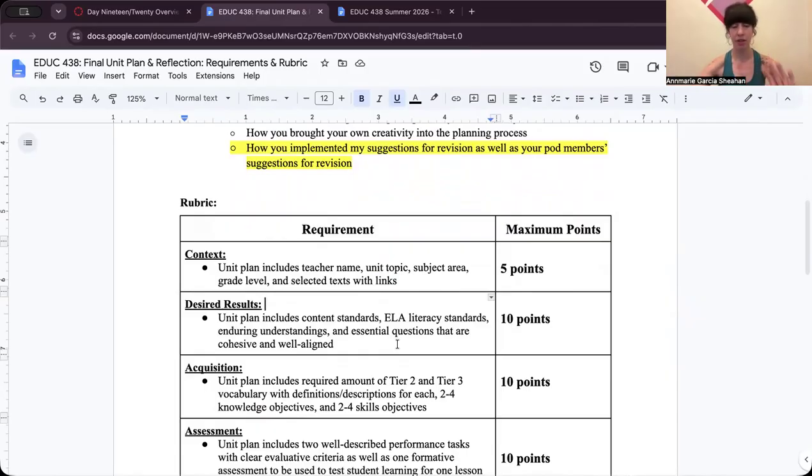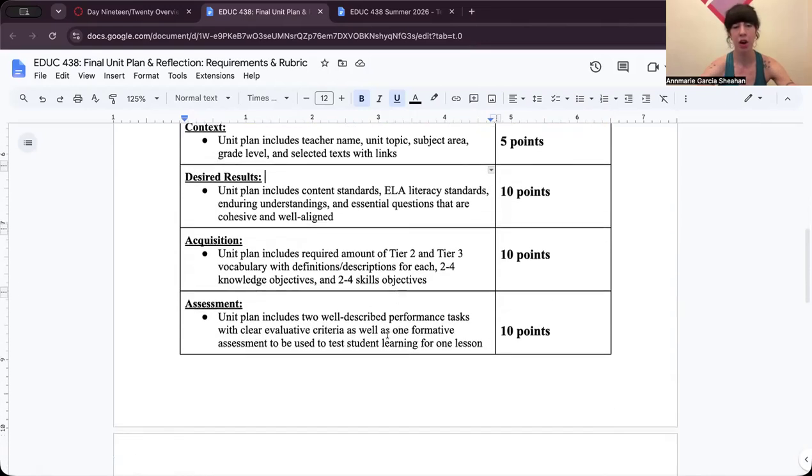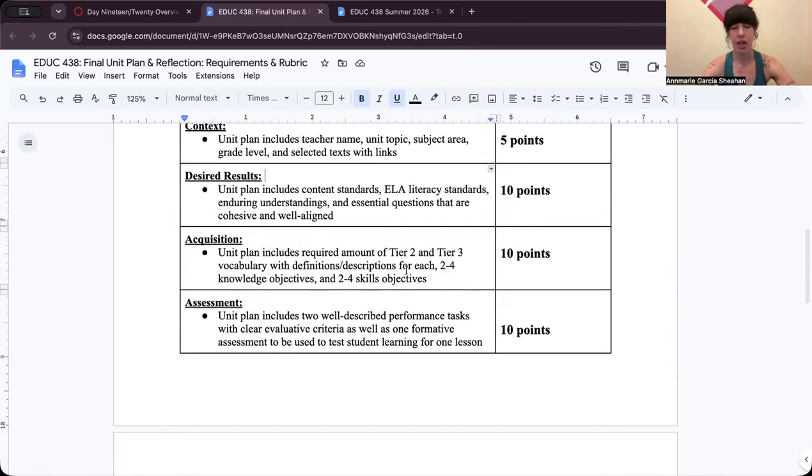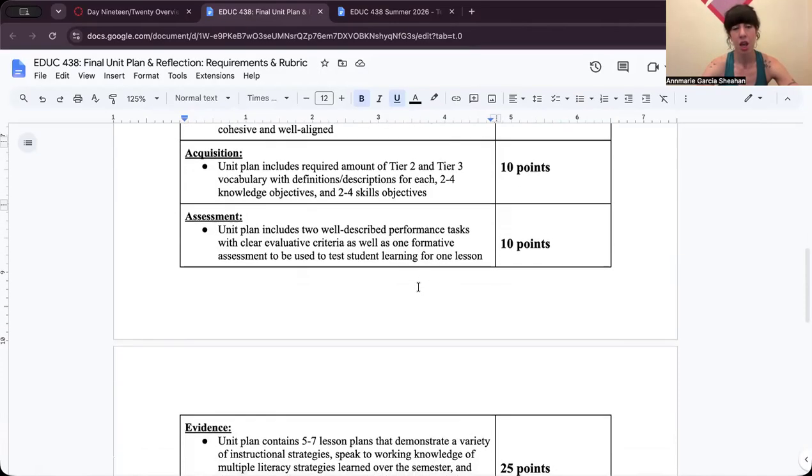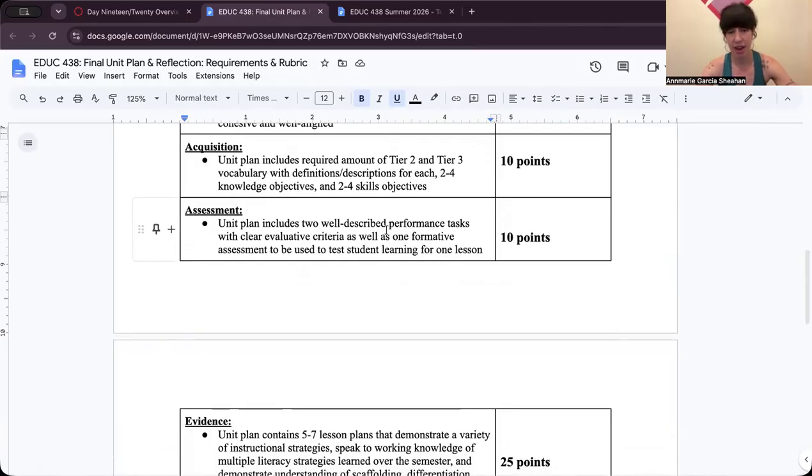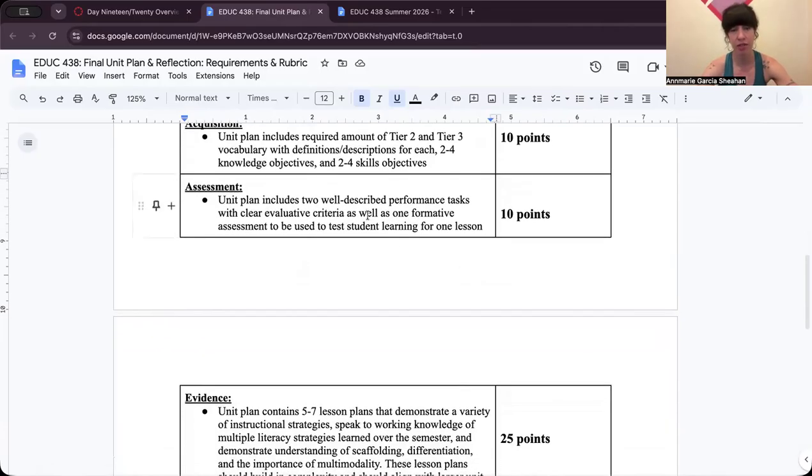These should be cohesive and well aligned. Your acquisition section, which is the required amount of tier 2 and tier 3 vocabulary with definitions and descriptions for each, 2 to 4 knowledge objectives, and 2 to 4 skill objectives. Your assessment, these are your performance tasks, okay, as well as one formative assessment to be used during learning for one lesson. Please make sure that that lesson is specified, okay?